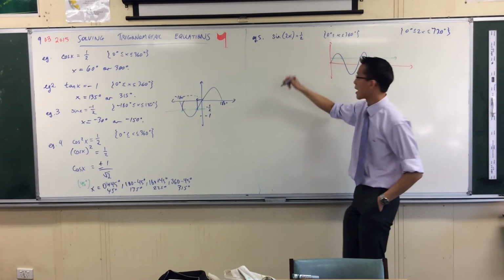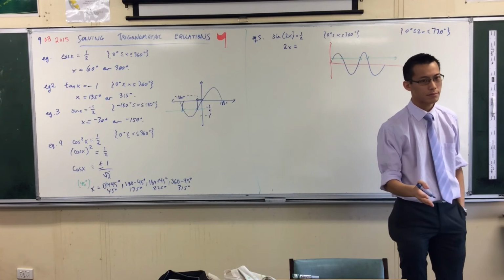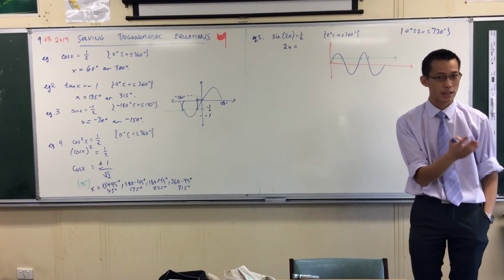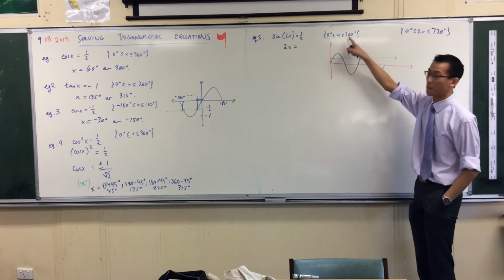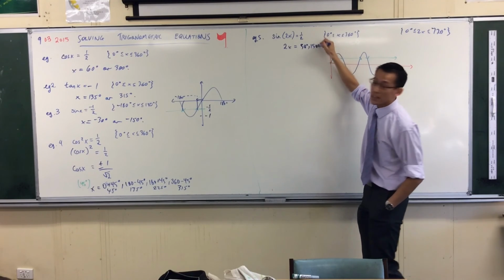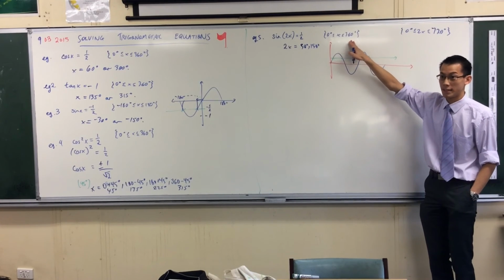So now when I start to write out my solutions, 2x is going to be equal to, for sine x equals a half, what's our base angle? It's 30 degrees, right? So 30 degrees, and then my next one will be 150. And that's usually where I would stop, because between 0 and 360, that's all the solutions you've got, yeah?